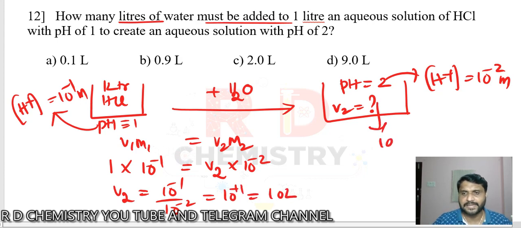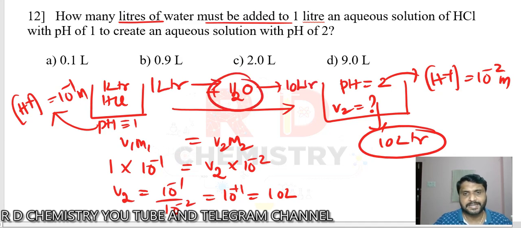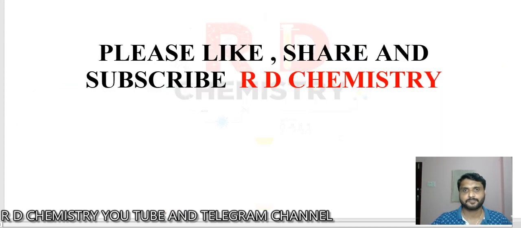If the final solution becomes 10 liters, then the pH will be equal to 2. Initially 1 liter was taken, so 1 liter becomes 10 liters on adding water. That means how much water is to be added? 9 liters. Or you can go for V2 minus V1, the difference in volume, 10 minus 1 liter. 9 liters of water must be added. So the answer is option D, right?